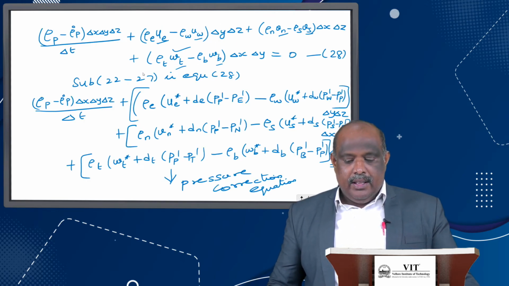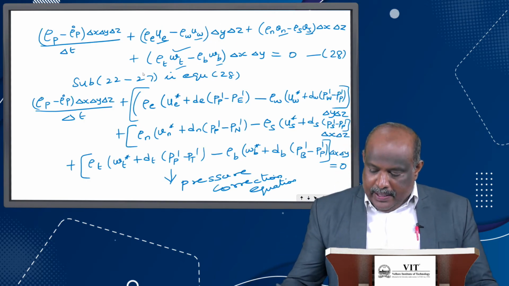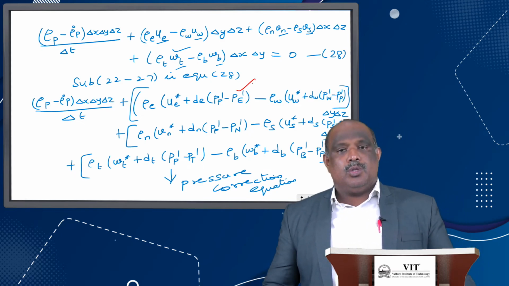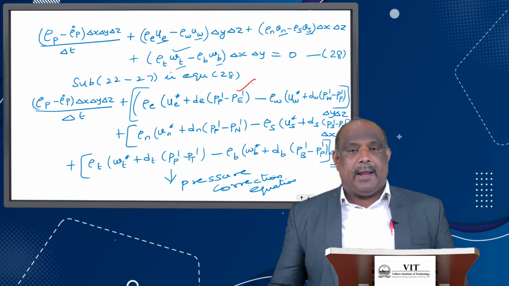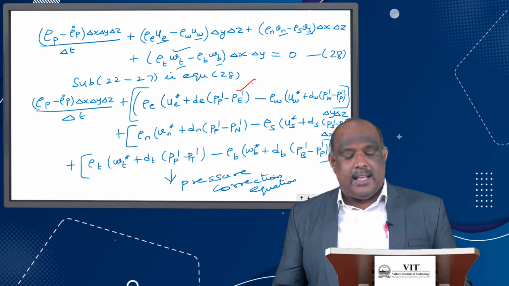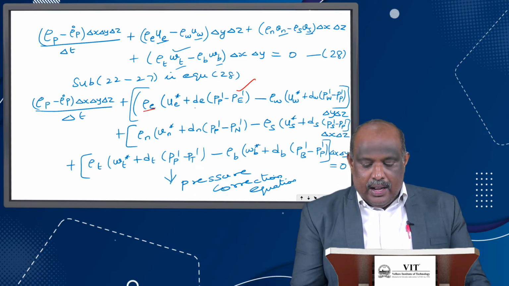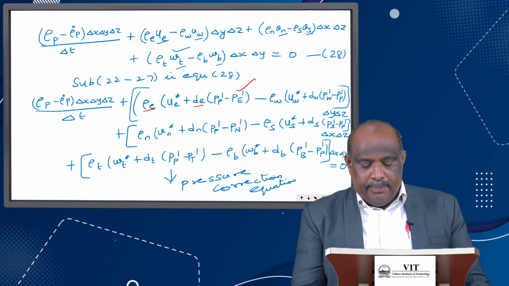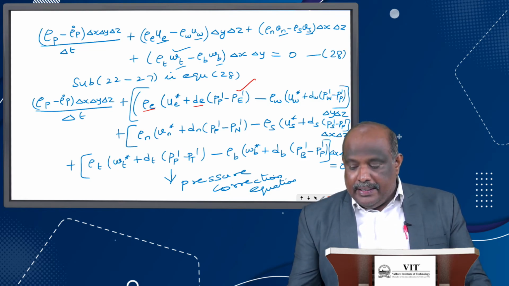You see here, where is PE prime? I will mark PE prime in red color. So PE prime is here. What are the terms before this PE prime? You see here, rho E is there. This rho E I have to multiply with the DE. So minus rho E DE PE prime into delta y delta z.